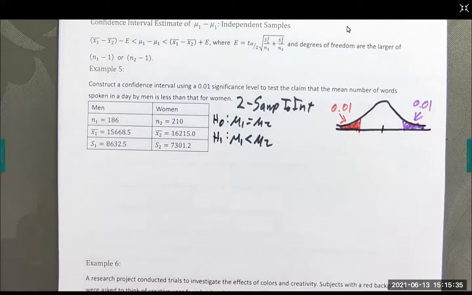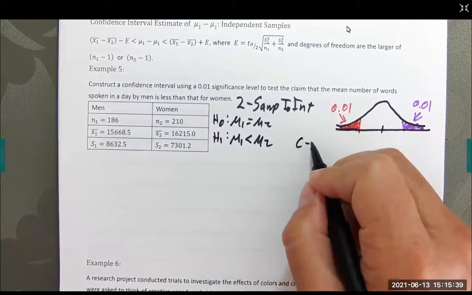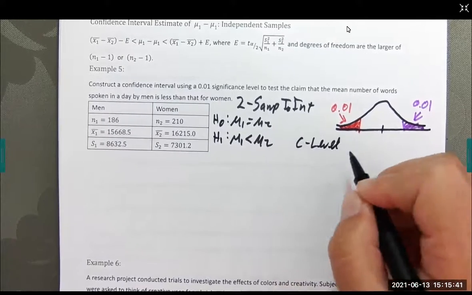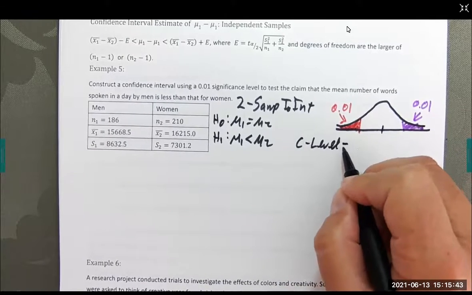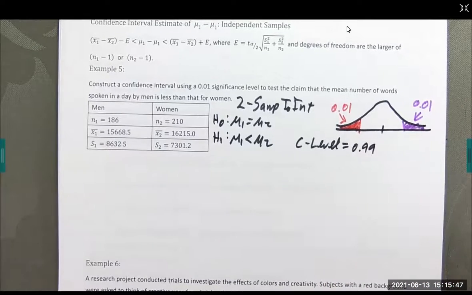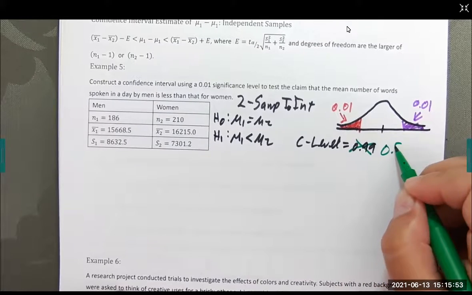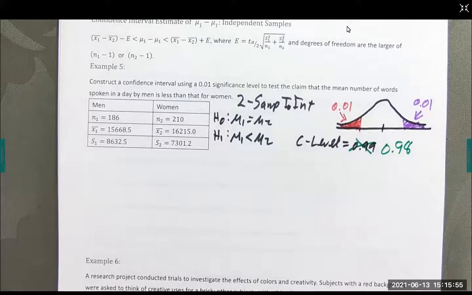And what that's going to do is change the C level from what we thought was a 0.99. No. This is now a 0.98. So that's the only difference that we've got to win.